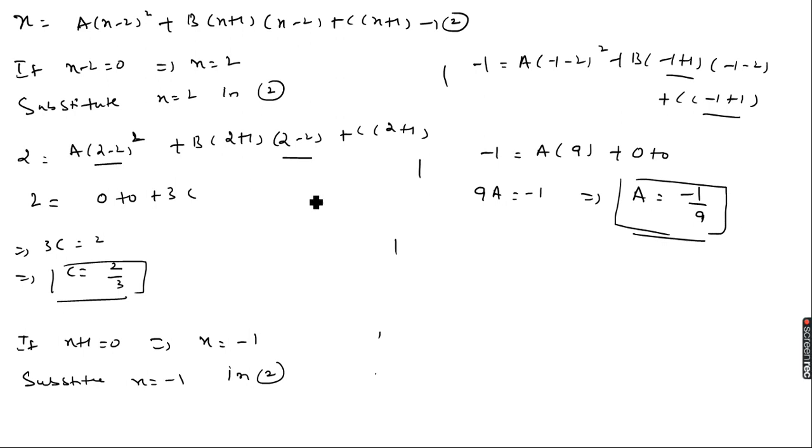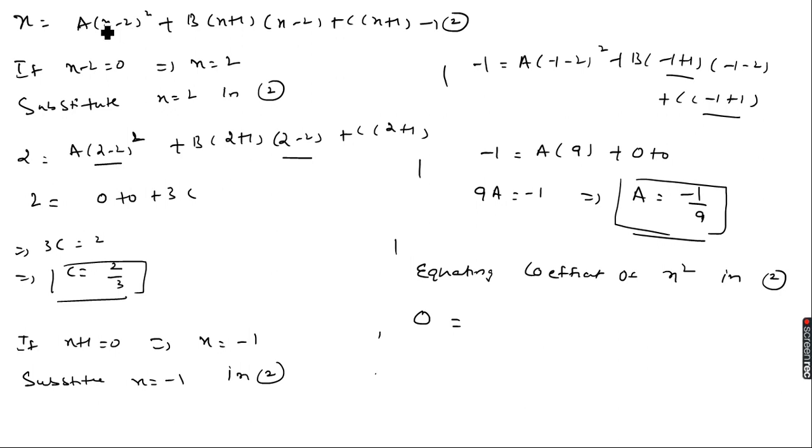And next, equating the coefficient of x square. In the LHS there is no x square term, so we write it as 0. If we expand this, a into (x minus 2) whole square gives a x square, and b into (x plus 1) into (x minus 2) gives b x square.